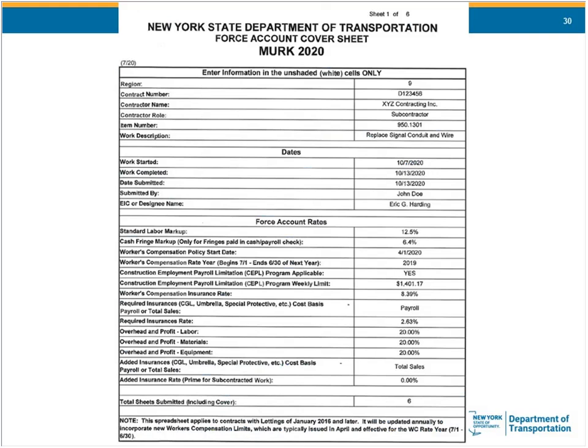I will take a look at a force account. Some of the documentation is the same as the agreed price. I want to reiterate that the contractor is required to fill this stuff out.